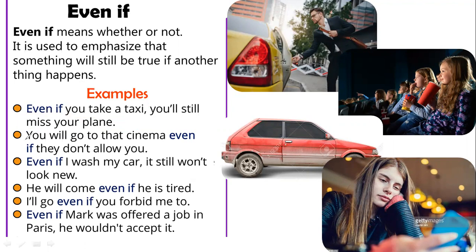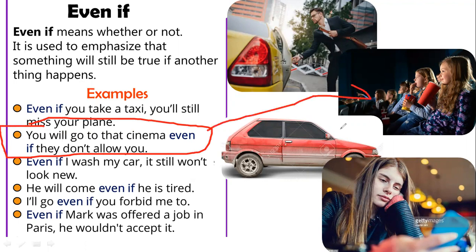The next example: you will go to the cinema even if they don't allow you. That means that if they allow you or don't allow you, it doesn't matter. The result will be the same. You will go to the cinema.